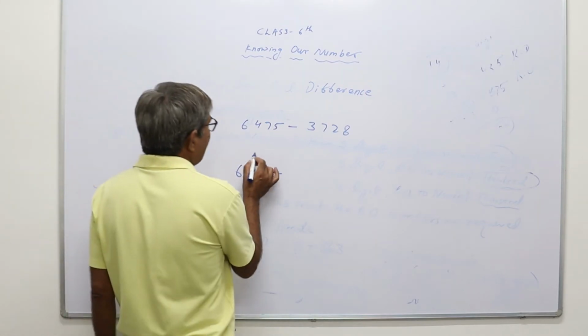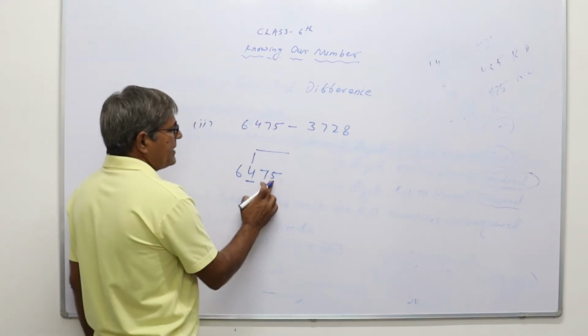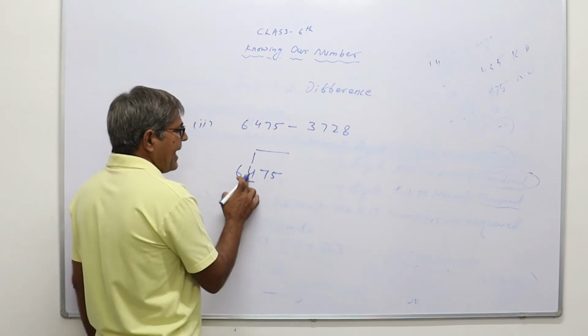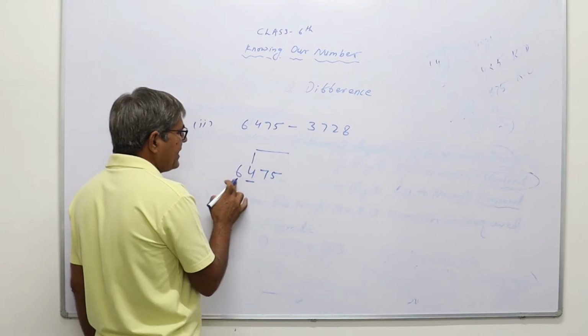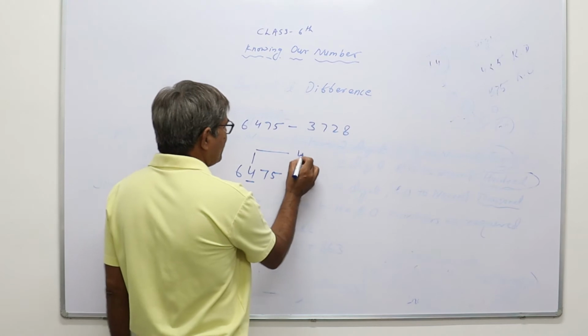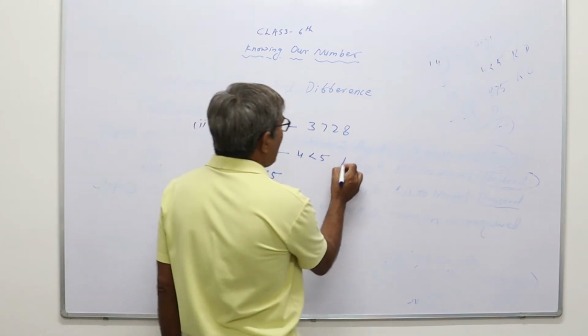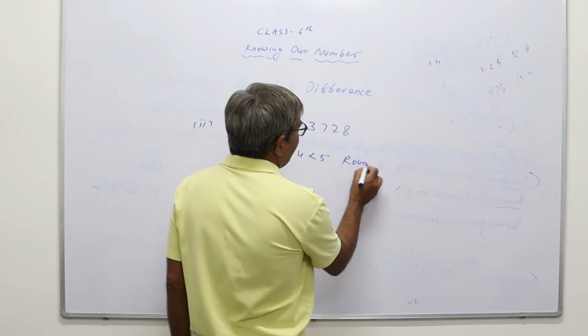So here the 100 place digit is 4. How? This is ones, tens, and this is the 100, then 1000. So at the place of 100, the given digit is 4 and which is less than 5. So we will round down.